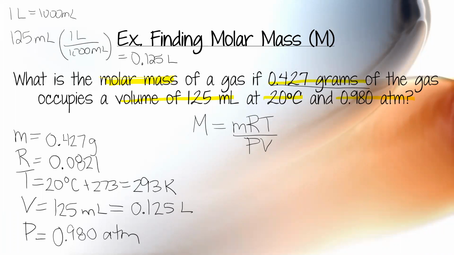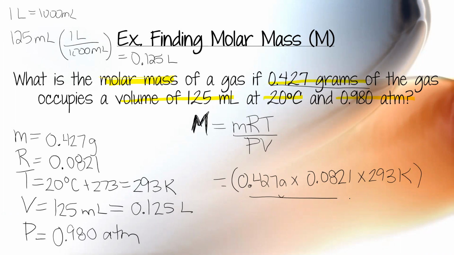Because I'm solving for capital M, I don't need to rearrange the equation. I can just plug it in. So capital M is equal to mass times R times Kelvin T, and I would throw some parentheses around there, divided by P times V in liters, with some parentheses.